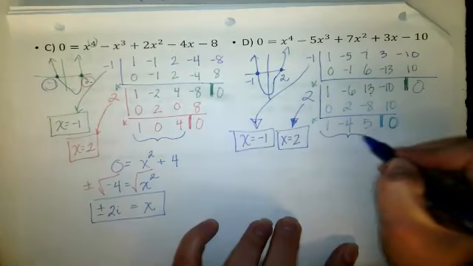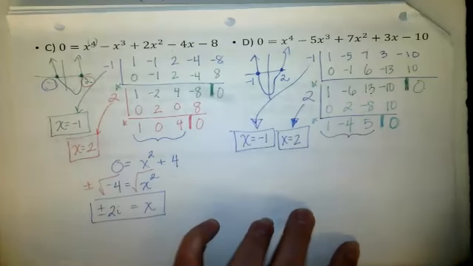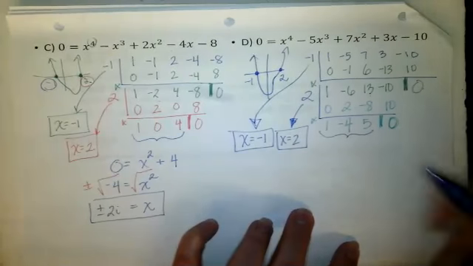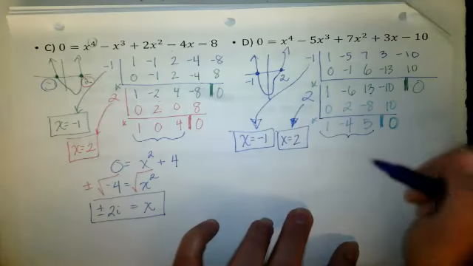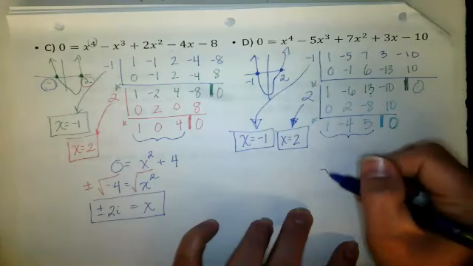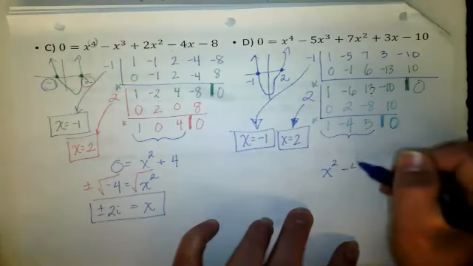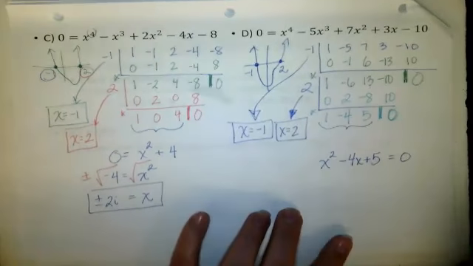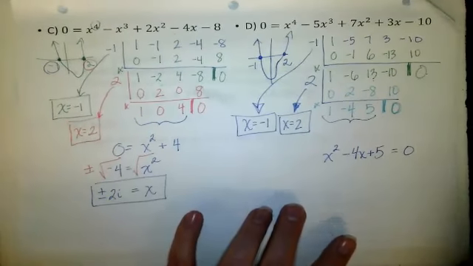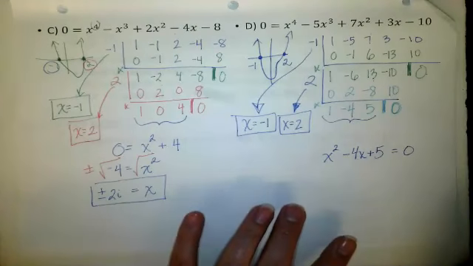And now I can take my quotient, convert that back to a polynomial. x squared minus 4x plus 5. So does it factor?